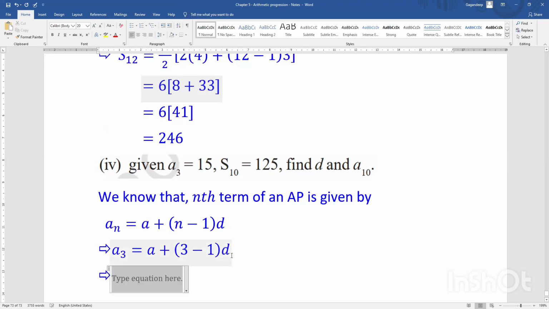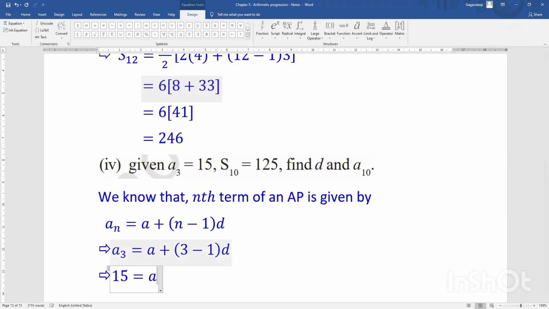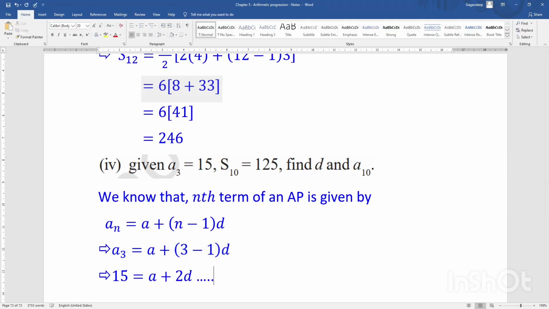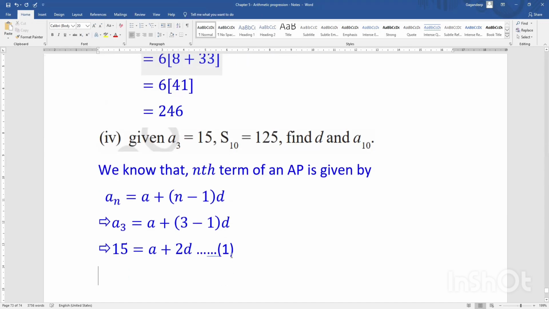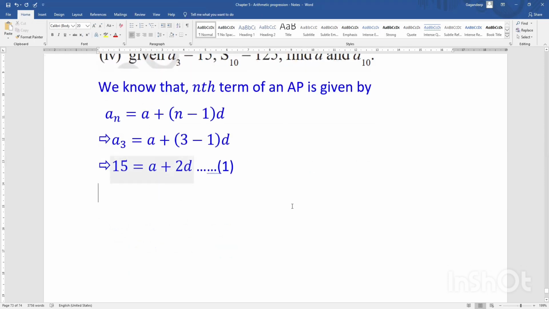So I'm going to write 15 equals A plus 3 minus 1 is 2, so 2D. Now this is our equation 1.